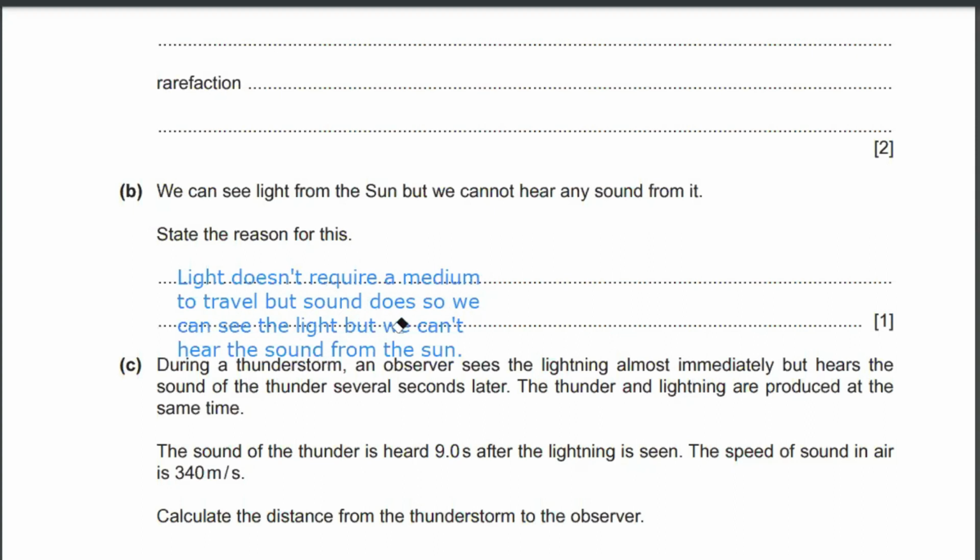So we can see the light, but we can't hear the sound from the sun. If sound didn't require a medium, we would be hearing the explosions that are happening in the sun every second.